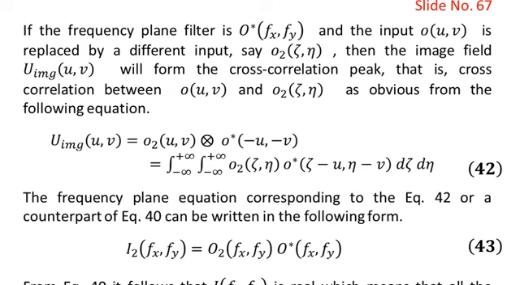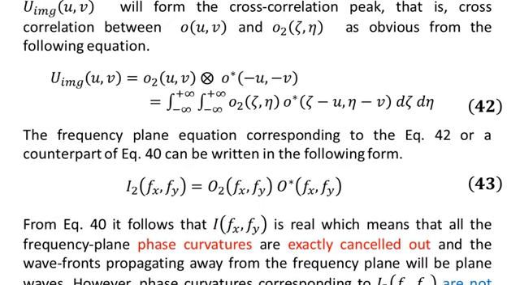The frequency plane equation corresponding to equation number 42, or the counterpart of equation number 40, can be written in the following form. Just take the Fourier transform of both sides of equation number 42, especially the first step. We have I2, which is the spectrum of the amplitude image at the frequency plane, because we have used the frequency variables fx, fy.